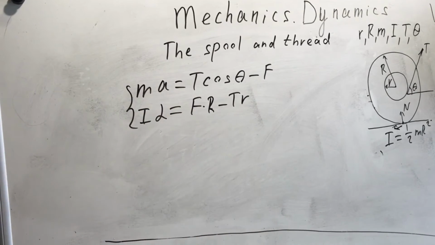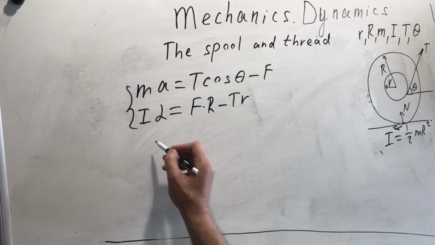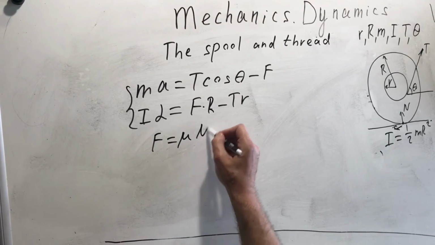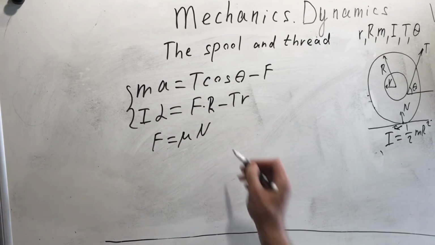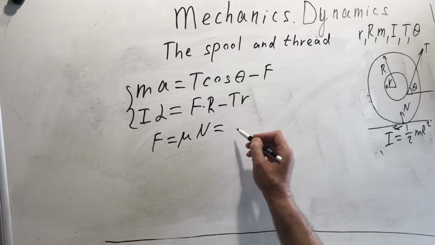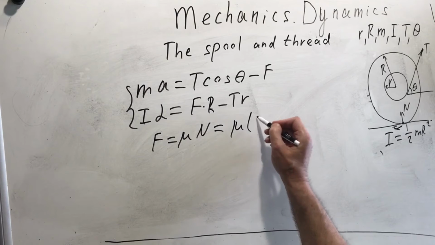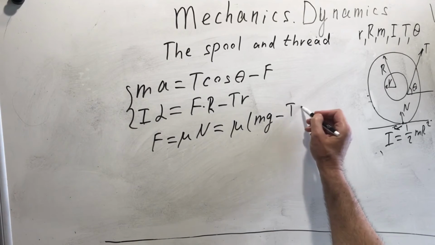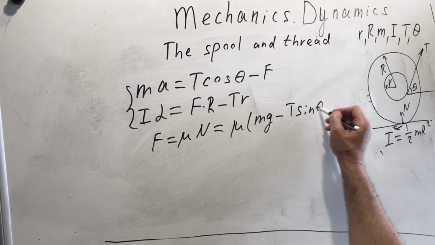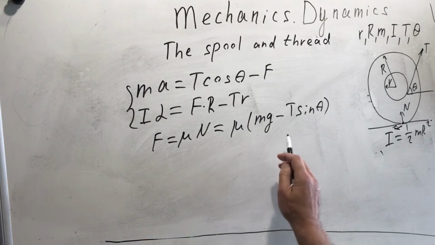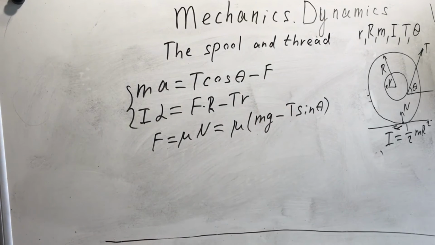Same equations, but the difference is now that force of friction F equals mu multiplied by normal force, and normal force is mg minus T sine theta, so F is mu multiplied by mg minus T sine theta, and we can insert it into these two formulas.